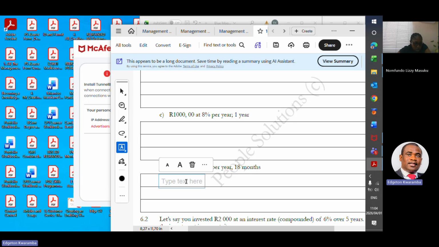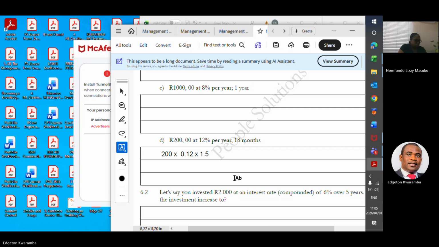So we can say 200 times interest rate, which is how much there? 12%. Me, I'll say 0.12, but if you want to use a calculator, you can say 12% times, because 18 months is 1.5 years. So I can say times 1.5. And then the answer, you will get it.